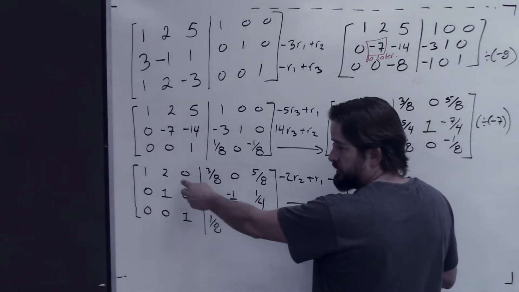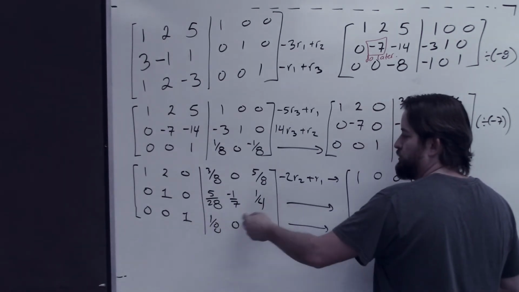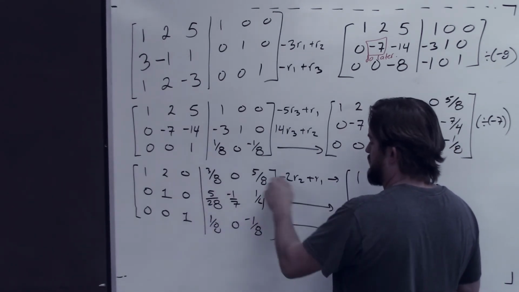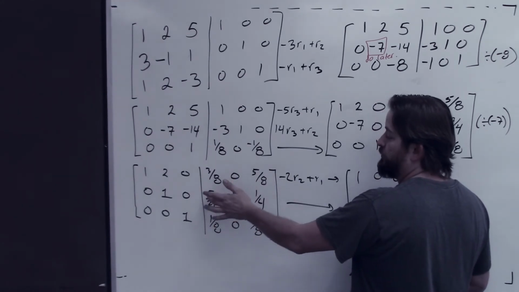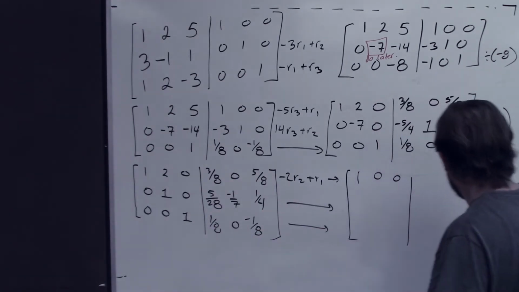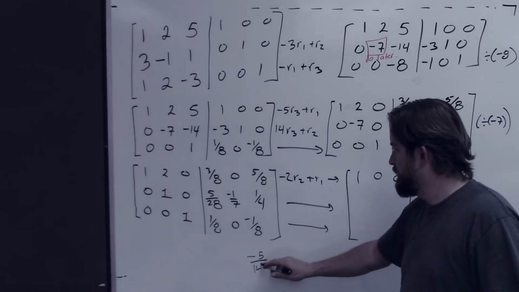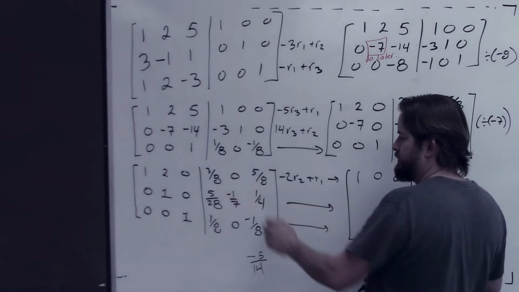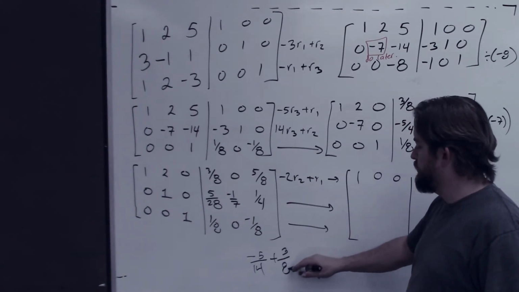Negative 2 times 0 is 0, plus 0 is 0. Negative 2 times 5/28 is negative 5/14. Right? Plus 3/8. Not the coolest thing you've ever had to do.